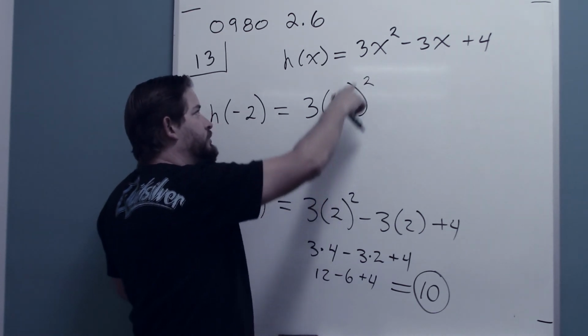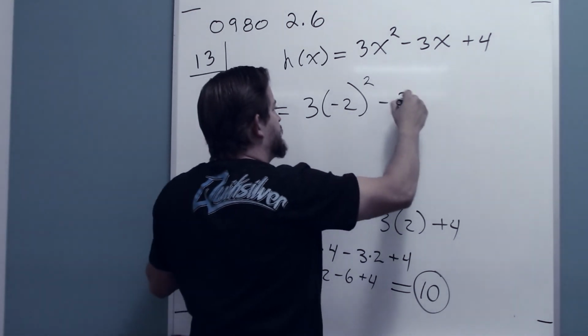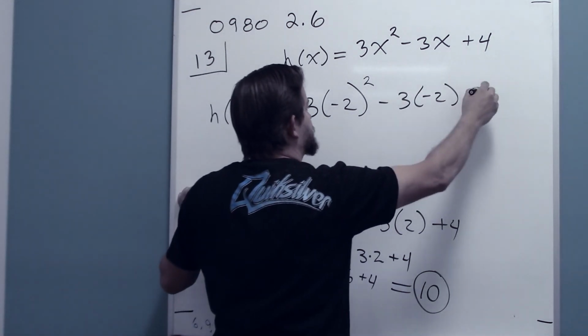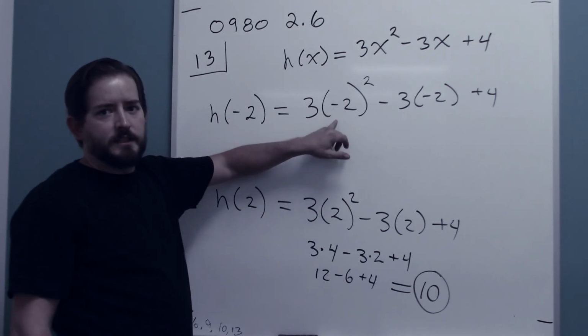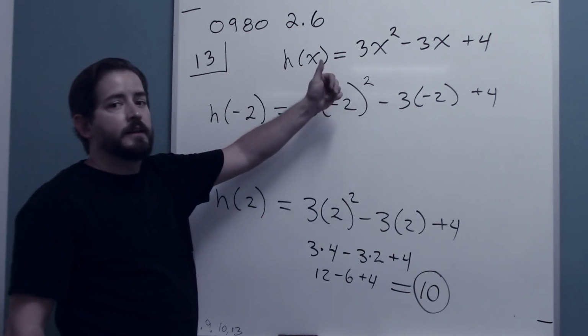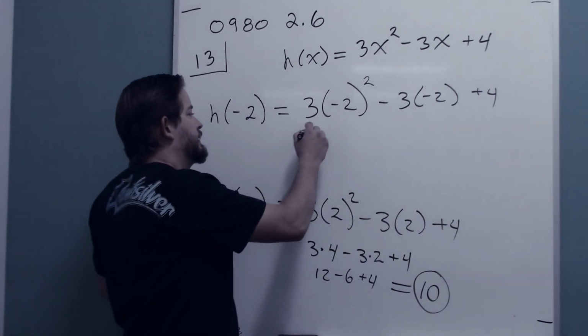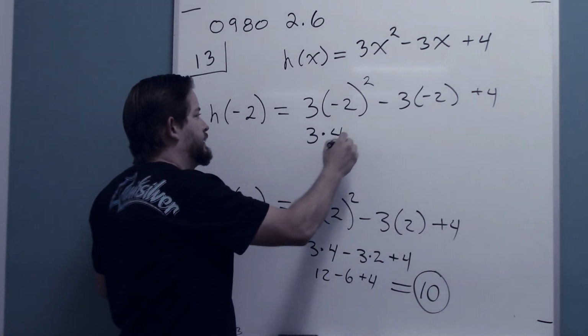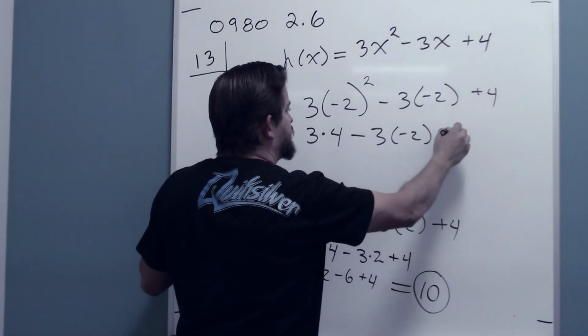It's a negative 2 in place of x, so that whole thing in parentheses is going to be squared. Minus 3 times negative 2 plus 4, and it's the signs typically right here that kill you, because negative 2 squared is 4, positive 4, right? Minus 3 times negative 2 plus 4, right?